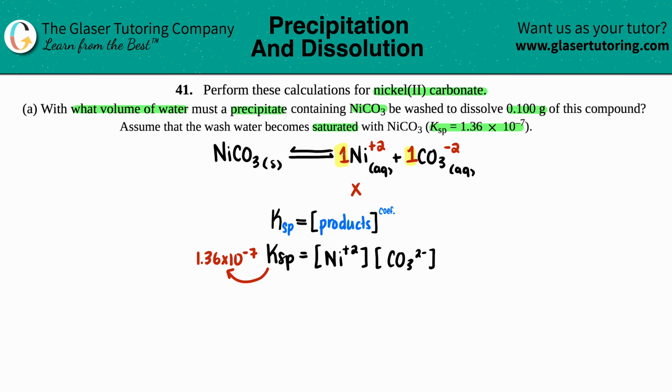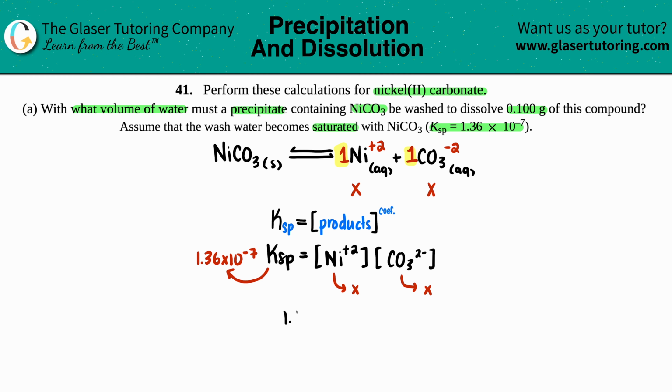And if you're doing it this way, your coefficients should come along with it. So technically this would be 1x, but 1 times x is just x. And it's a 1-to-1, so this is x as well. Now I have x and x, and now I can solve for x.